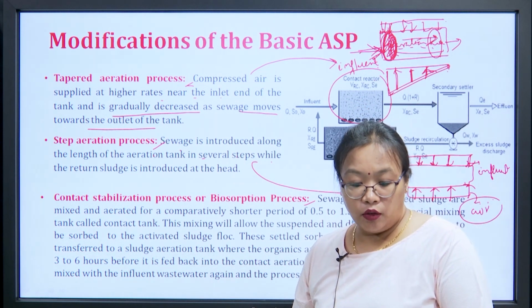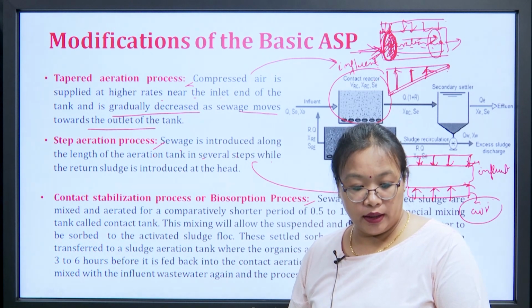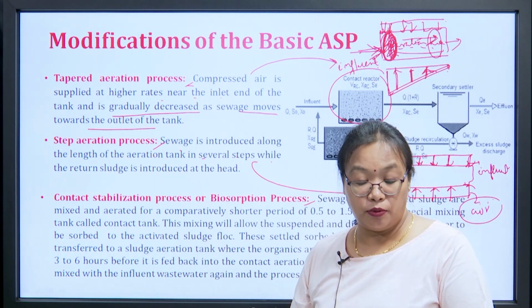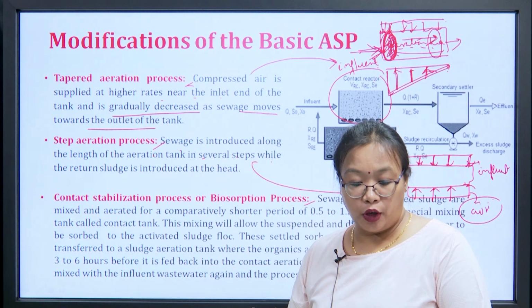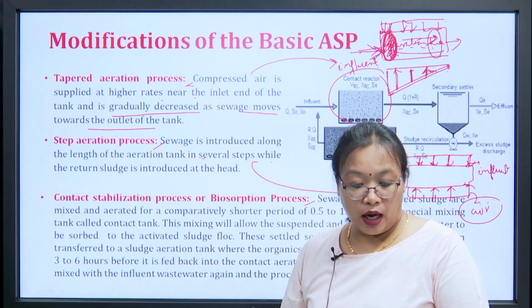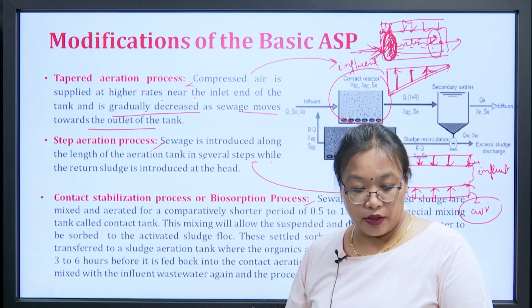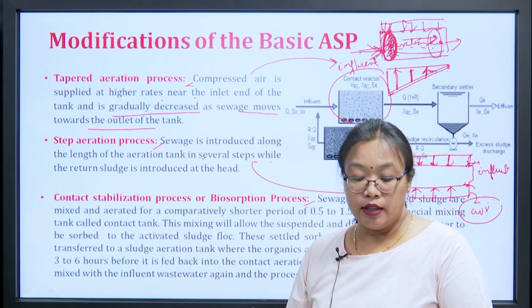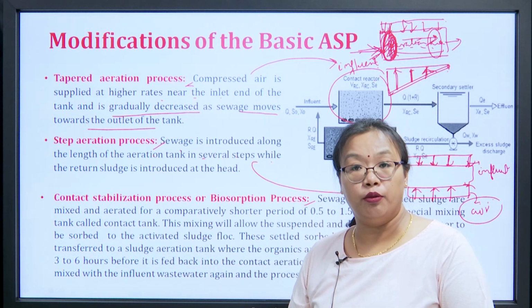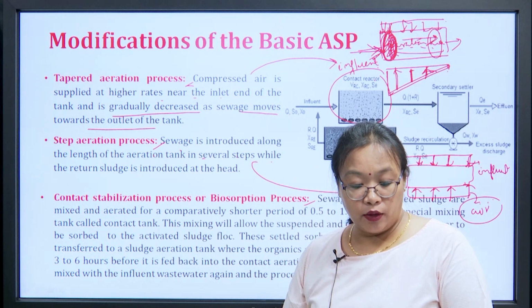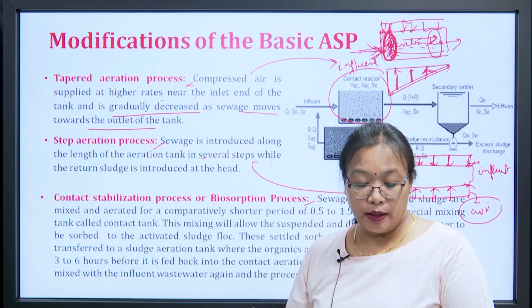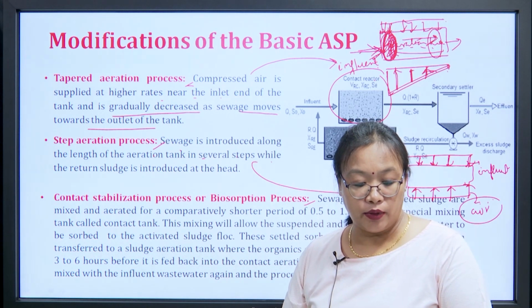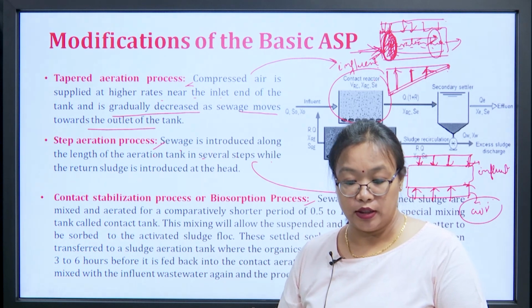This mixing will allow the suspended and dissolved organic matter to be sorbed to the activated sludge flocs. The sorbed organics and the flocs are then transferred to a sludge aeration tank where the organics are stabilized over a period of 3 to 6 hours, which is fed back to the contact aeration tank. The stabilized sludge is then mixed with influent wastewater again and the process is repeated.